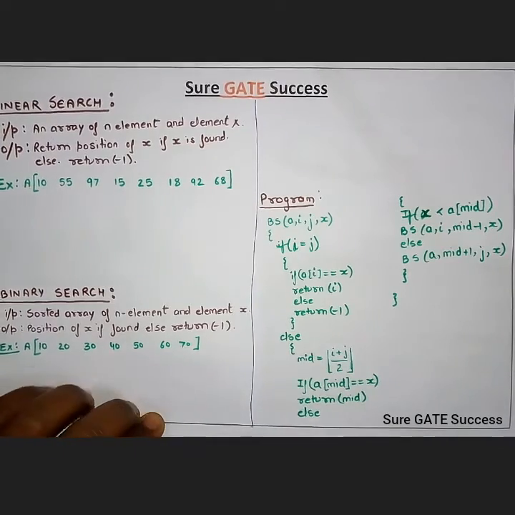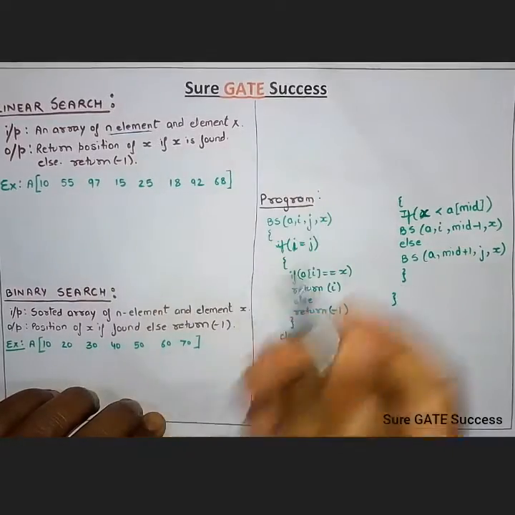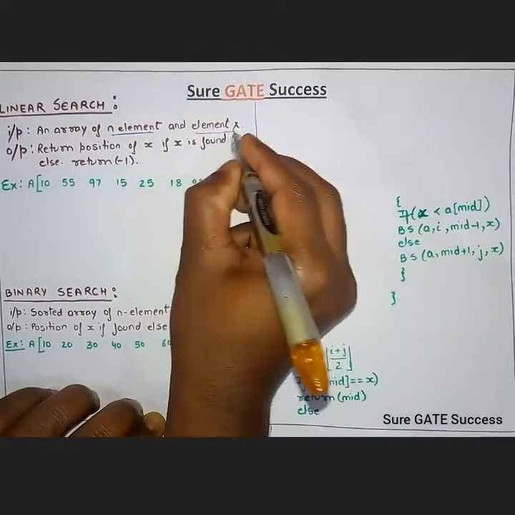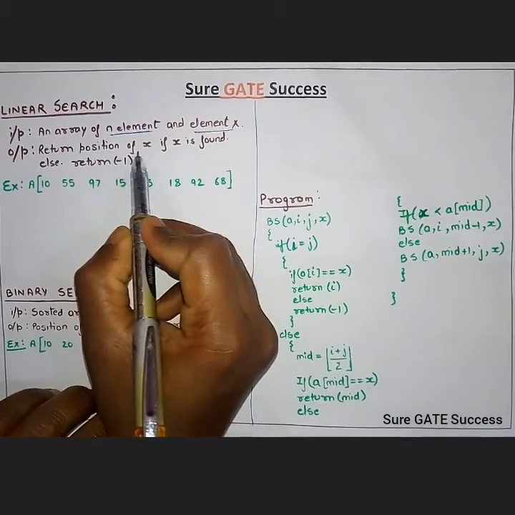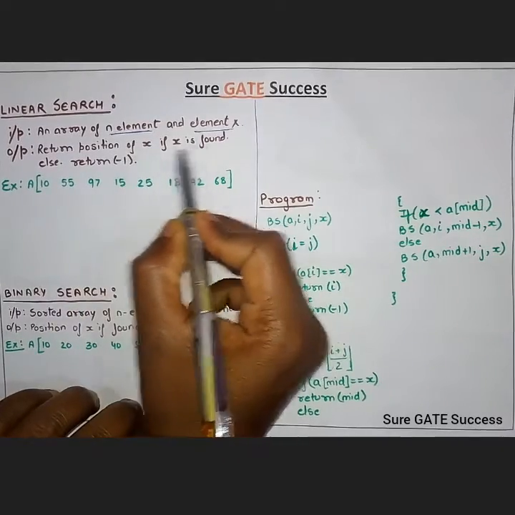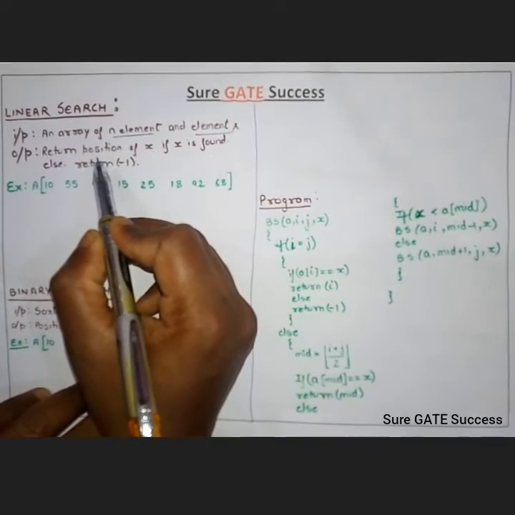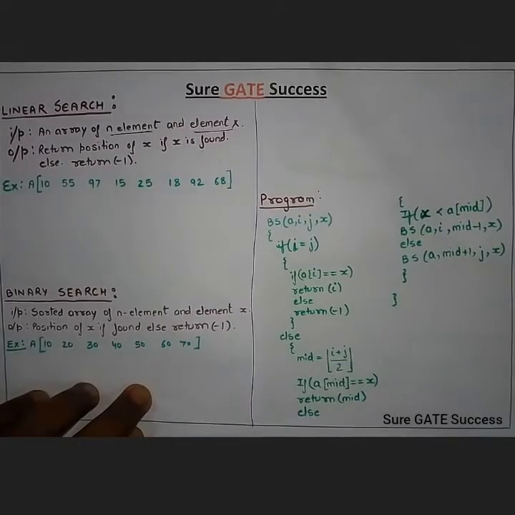For the linear search, what we require is an array of elements and an element x to search for. If x is found, we have to return the position, and if x is not found, we have to return -1.